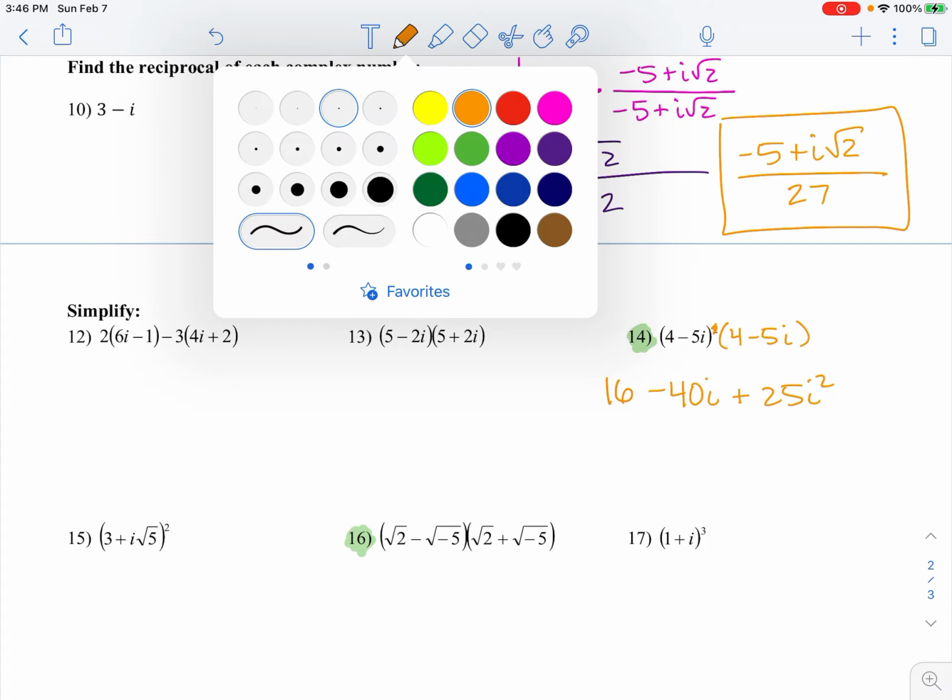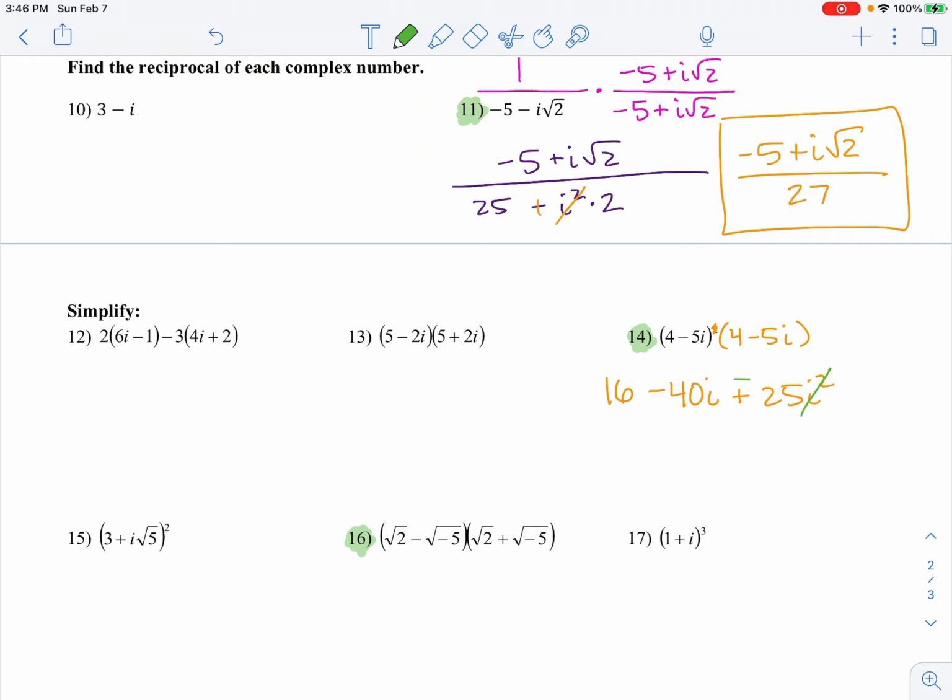But wait, what is i squared? It's just going to make this a negative. 16 minus 25, well, that's going to give me -9. And then I have minus 40i. Technically, -40i minus 9 is also correct, but we like to write our real part first.